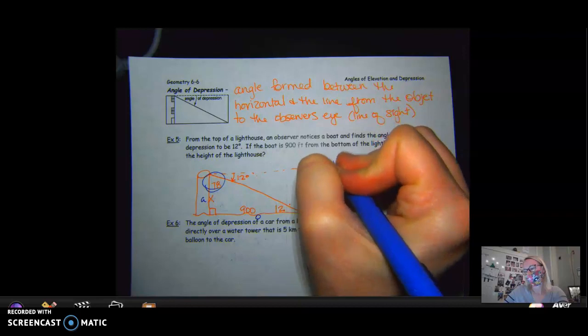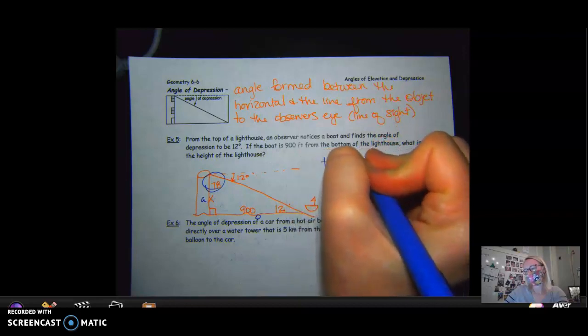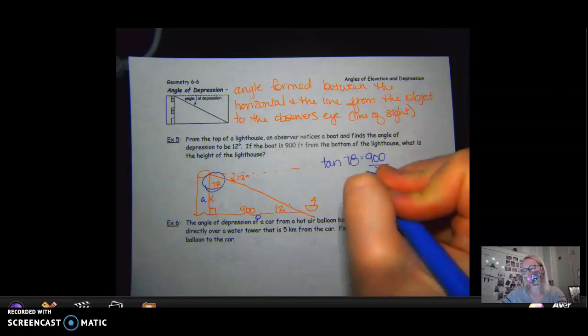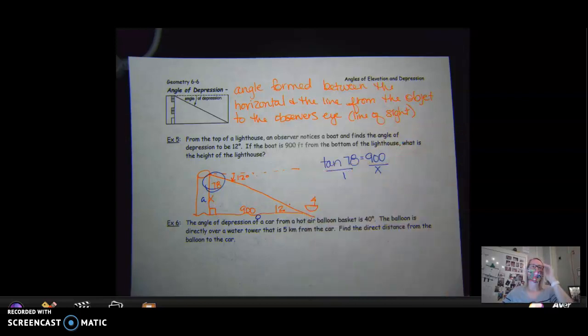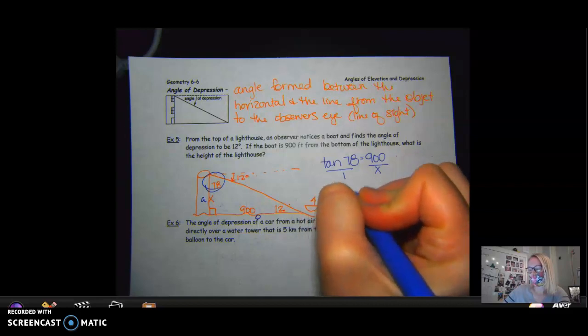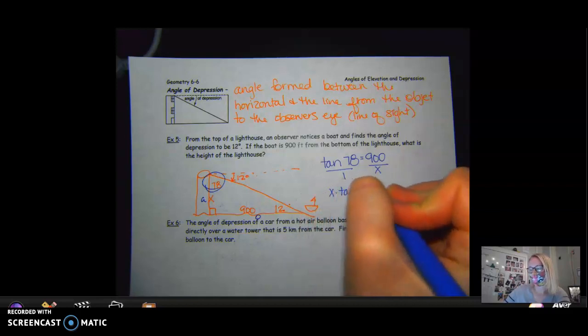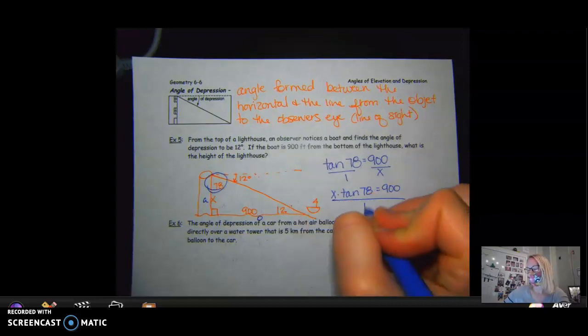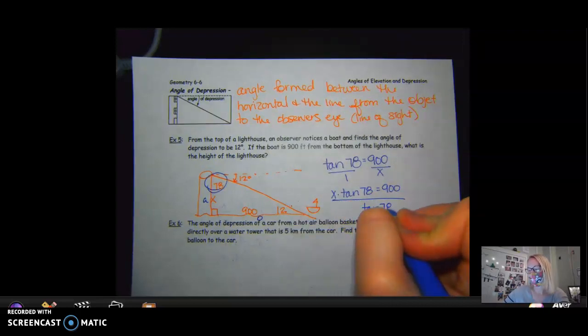So we're going to do tangent of 78 equals O, which is 900, over X, which is A. Put this over 1. You could have gone off the 12. You still would have used O and A. It would have just been set up a little bit different. Cross multiply, get X times the tangent of 78 equals 900. We want to get X by itself, so we're going to divide both sides by tangent of 78. That cancels over here.